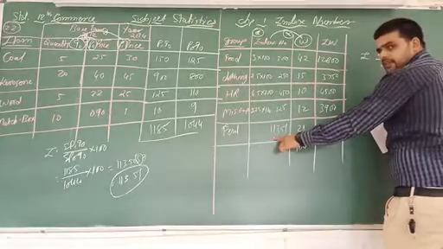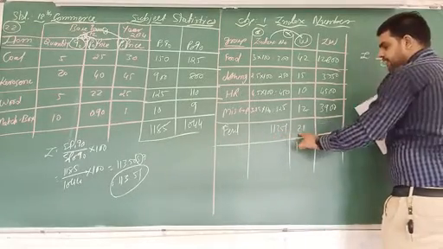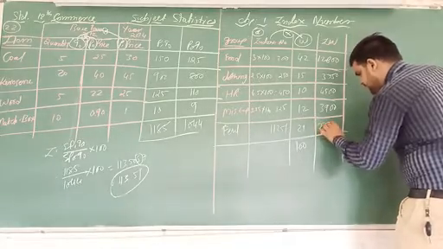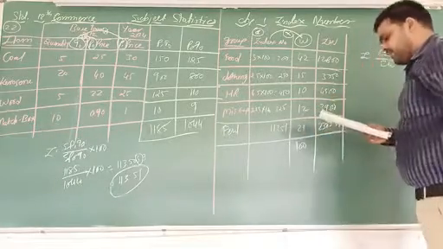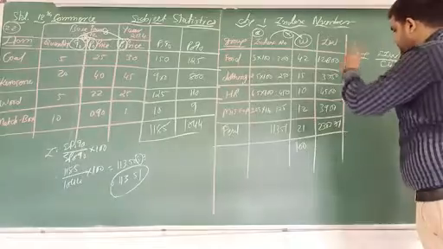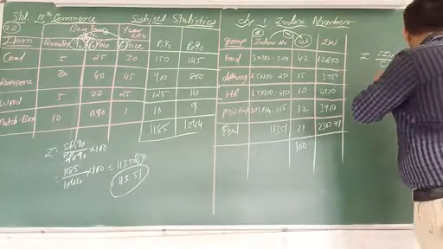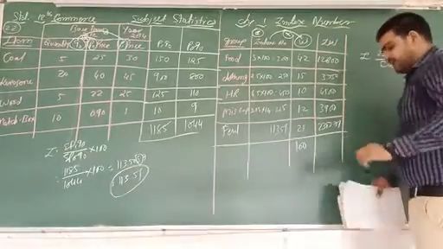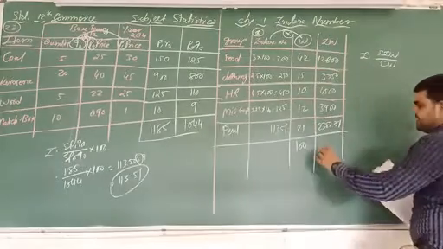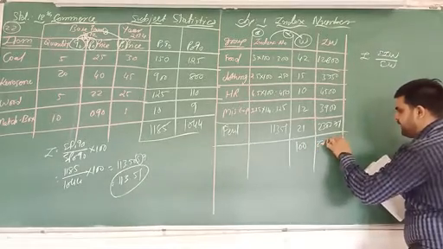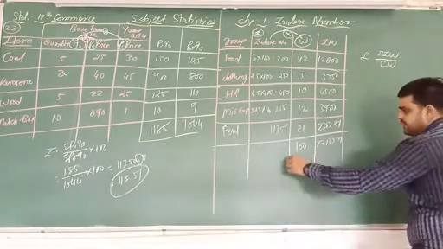And 113.51 into 21, that is 2383.71. This is the data which is useful to find the index number. The total number is 27,133.71. So this is the total.